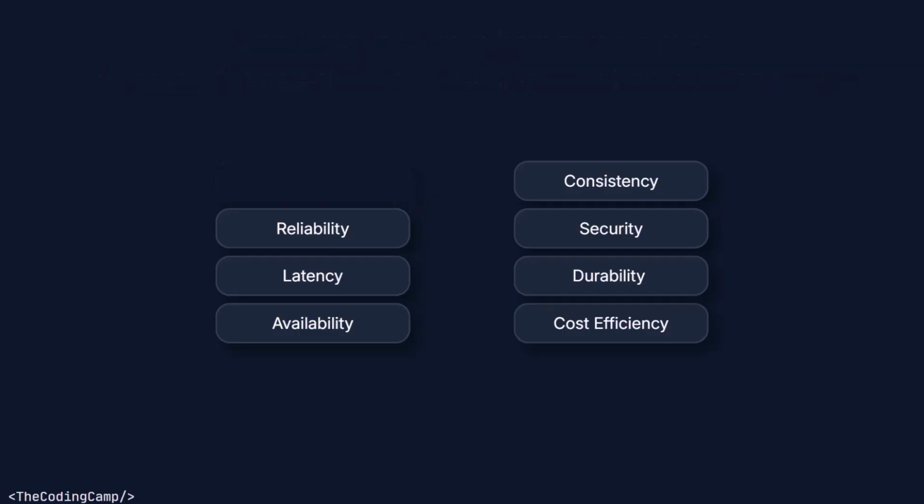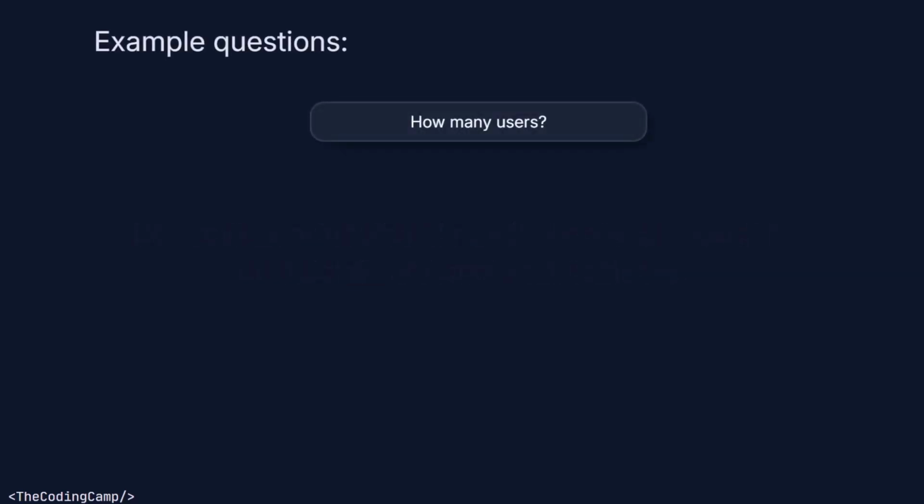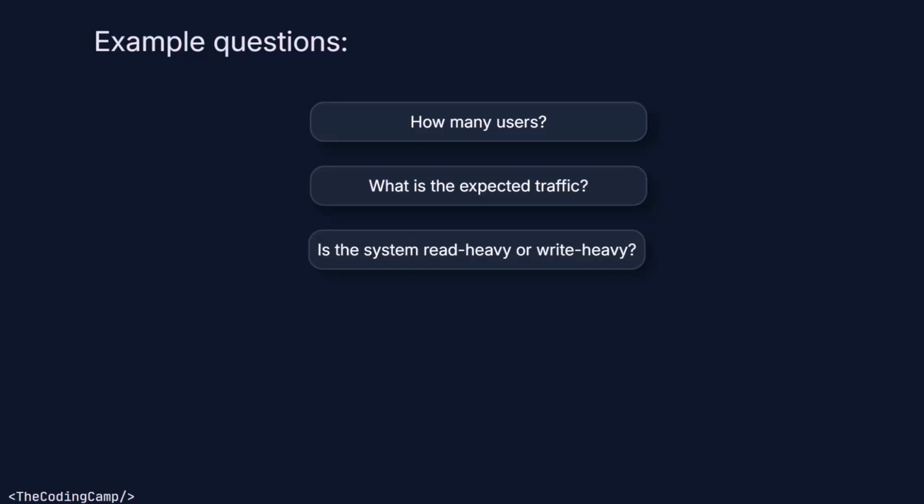Without clarifying the non-functional requirements, you might design a small internal training portal or a global video platform serving billions. Completely different architectures. The interviewer expects you to ask questions like how many users, what is the expected traffic, is the system read heavy or write heavy, what are the real-time requirements, what are the availability expectations. These answers shape the entire design.